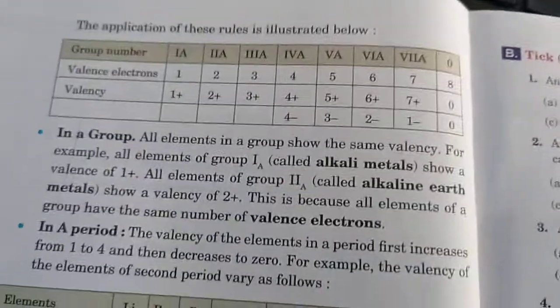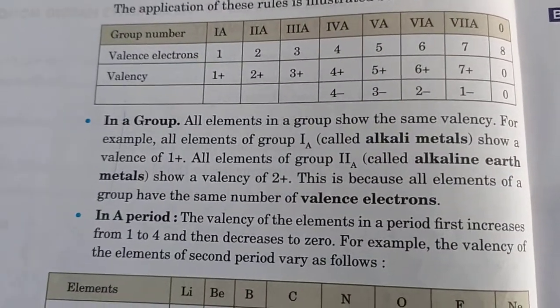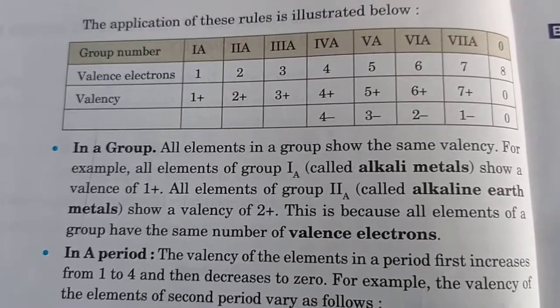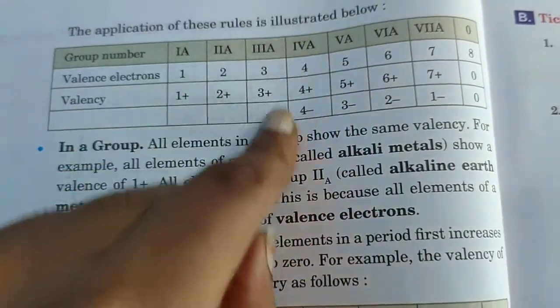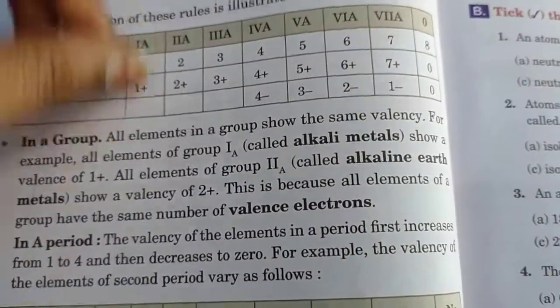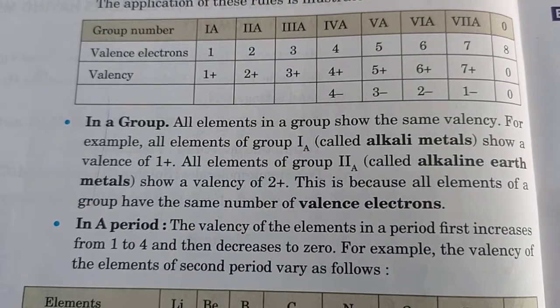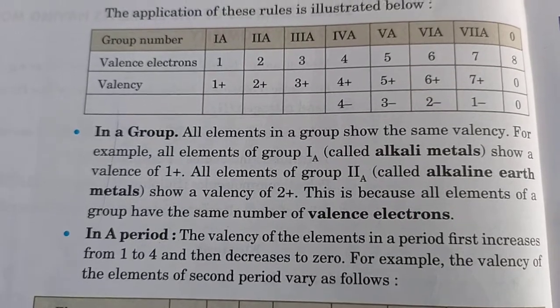Now, let us see how valency varies in a group and in a period. All elements in a group show the same valency. A group runs from top to bottom. Take any periodic table and you can easily identify that in a group all elements show the same valency.